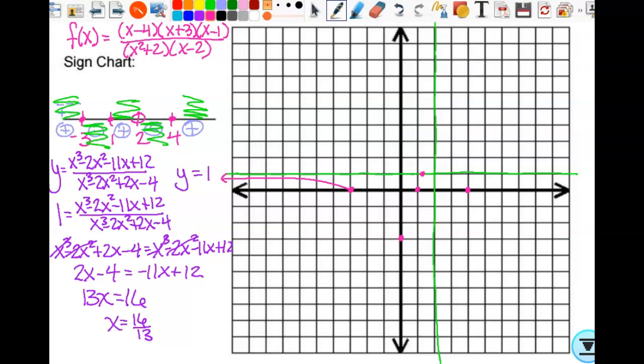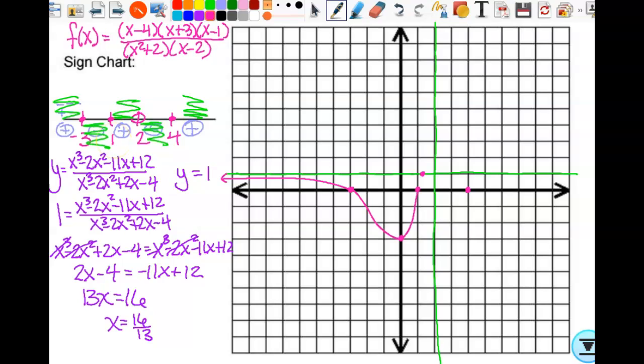Then from -3 to 1, it is negative. So here's -3, here's 1. So this is going to come down. It's going to have to hit my y-intercept and then come back up to 1 while it's negative. Okay. And then from 1 to 2, it's positive.